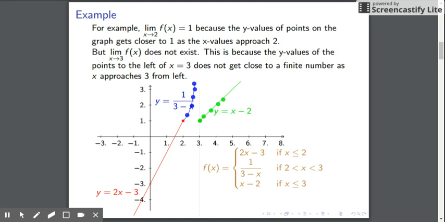From this side, we could not predict a y value for x equal to 3. And the other way around, if I was approaching x equal to 2 on the blue line, I could predict a y value for x equal to 2. When I was approaching from the red piece of the graph, as I was approaching x equal to 2, I could also predict a y value for x equal to 2.